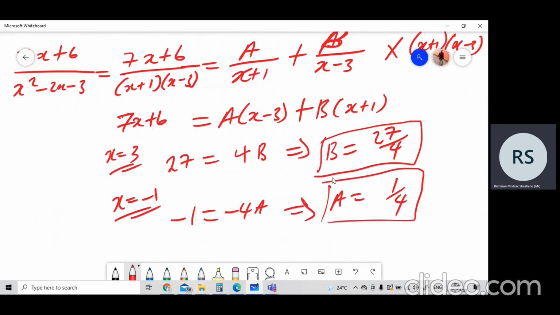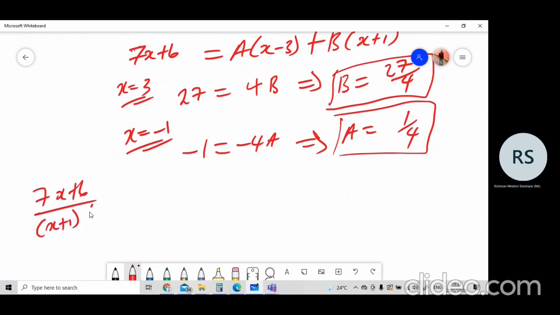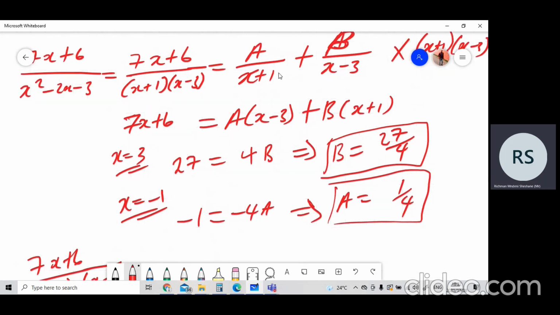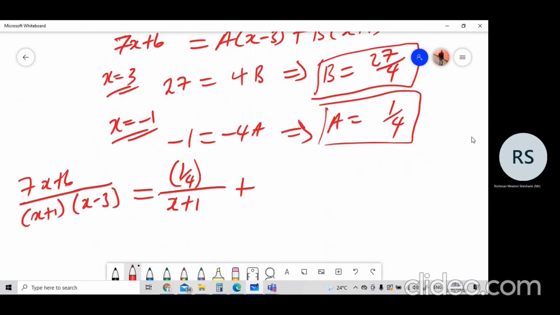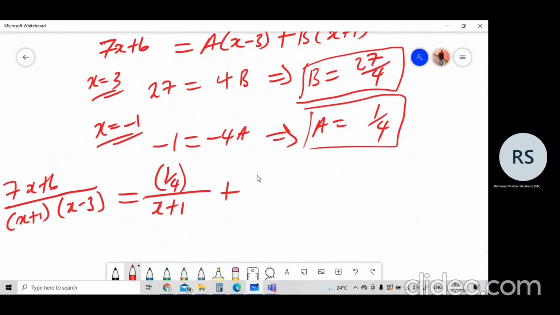After you find the value of A and B, substitute them back here. So 7x plus 6 over x plus 1 and x minus 3 is equal to A over x plus 1, but your A value is 1 over 4, so it will be 1 over 4 over x plus 1, plus the second term B over x minus 3, where B is 27 over 4, so 27 over 4 over x minus 3.